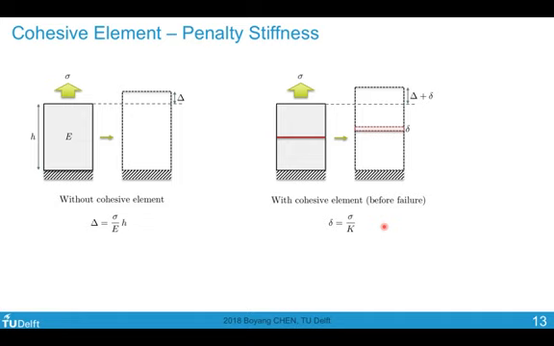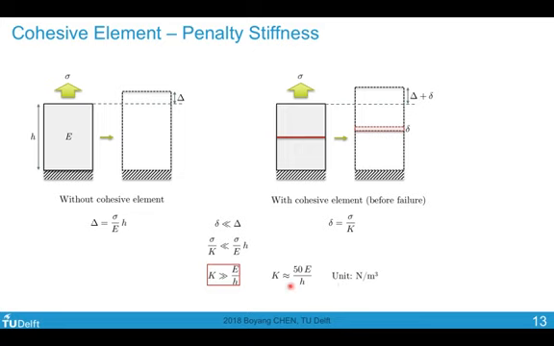The objective is to ensure that small delta is much smaller than capital delta. And using this inequality and these two equations, we can relate K and E and also H. We can arrive at this expression to say that K must be much larger than E divided by H. A practical rule of thumb is to set it to be 50 times this, E over H. Note that the unit of K is Newton per millimeter cubed, because E has a unit of Newton per millimeter squared, and then we divide it further by H, which has a unit of length.